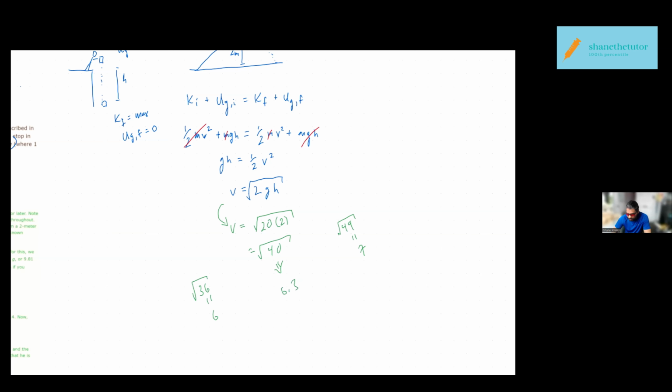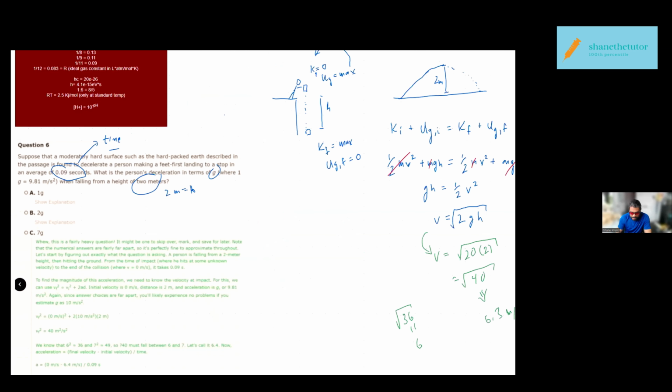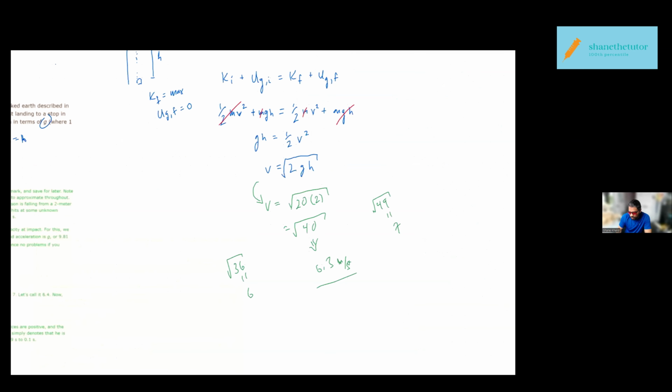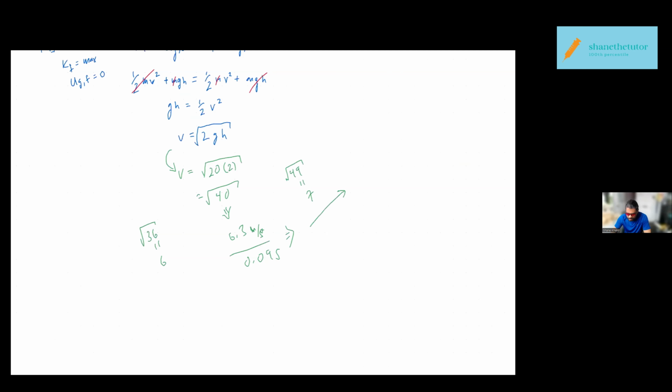So we got our velocity, in meters per second. And now we just take this and divide by the time, which is 0.09 seconds. So, okay, we could do a couple of things here. I feel like most people would feel most comfortable with using scientific notation, so let's try that. 6.3.